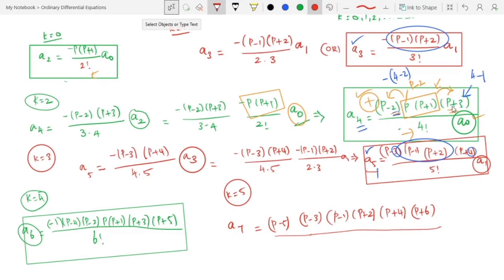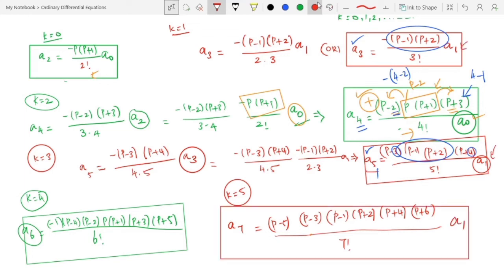The whole is divided by the denominator. For a3, that is 3 factorial. For a5, 5 factorial. If it is a7, definitely 7 factorial of the same variable, that is a1. Carefully note the point: a3 negative, a5 positive, a7 definitely negative.